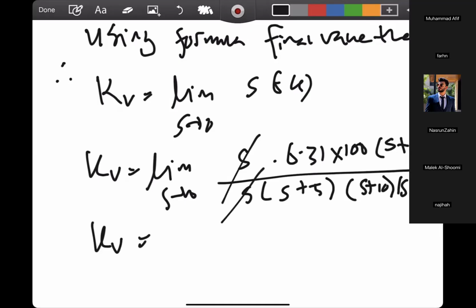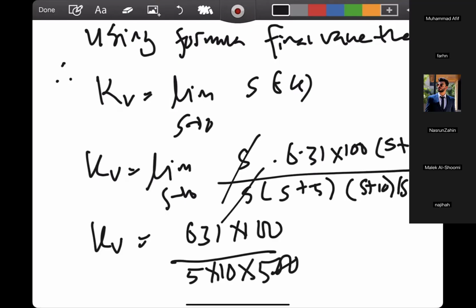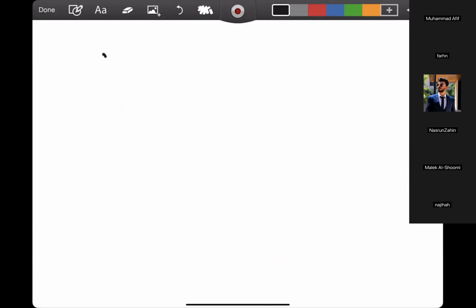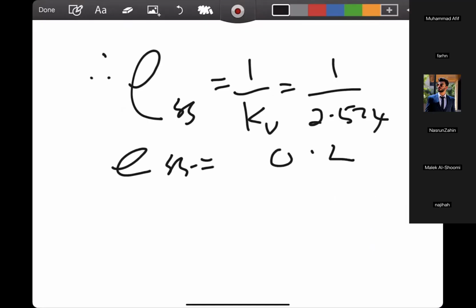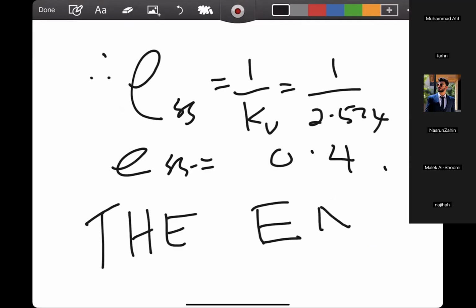So KV equal to 2.5, kan? So 1 over KV. This. Finish.